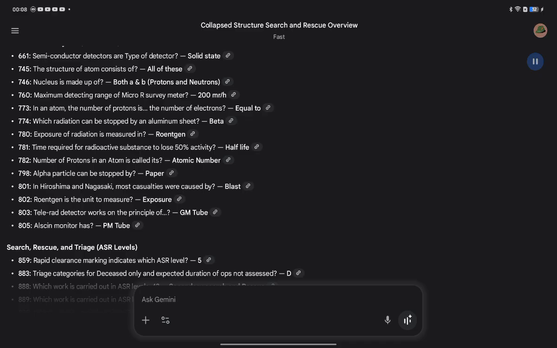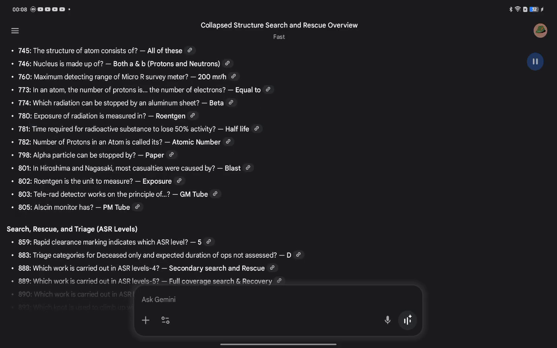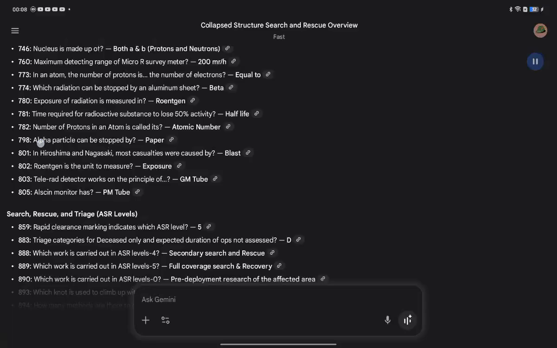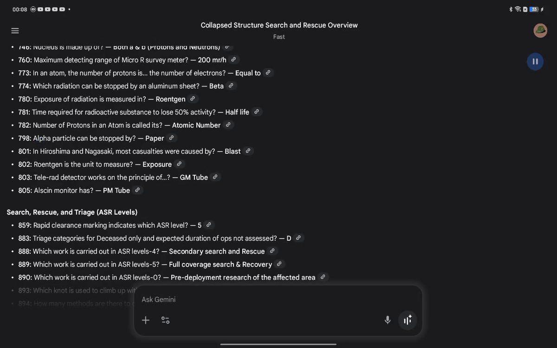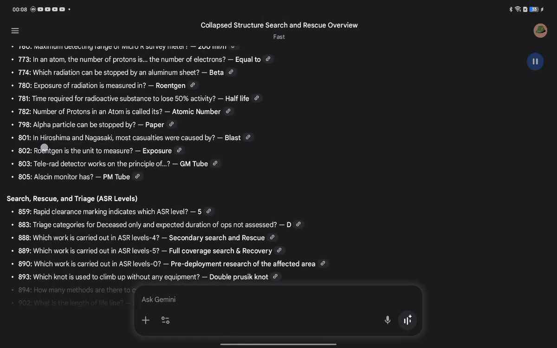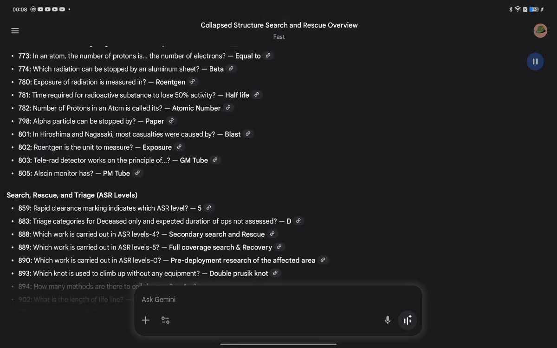746. Nucleus is made up of both A and B, protons and neutrons. 760. Maximum detecting range of micro-R survey meter. 200 mR/h. 773. In an atom, the number of protons is equal to the number of electrons. 774.